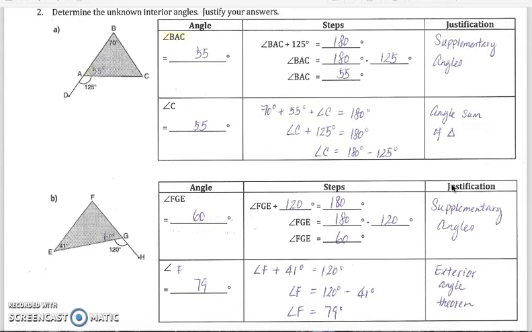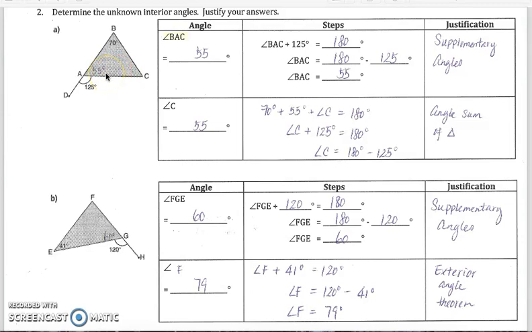Question 2. Determine the unknown interior angles. Justify your answers. So part A, we are looking for angle BAC and also angle C. Let's start by finding angle BAC.